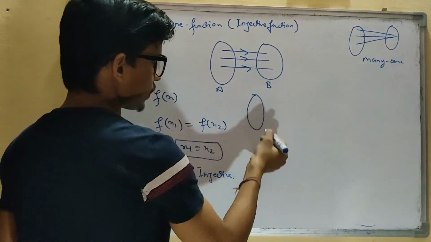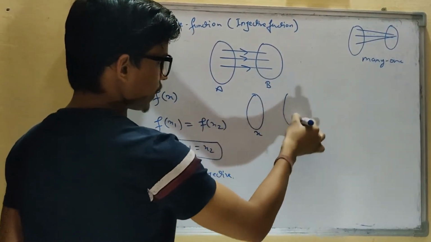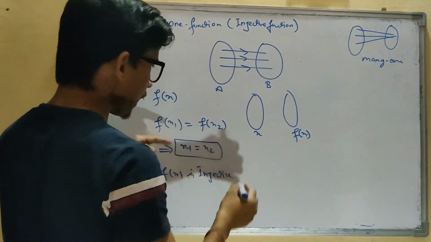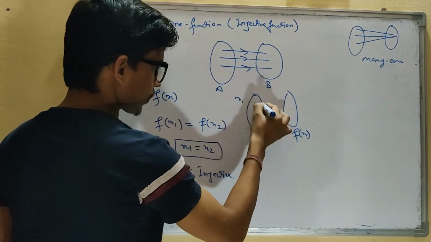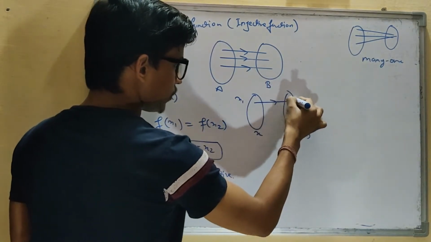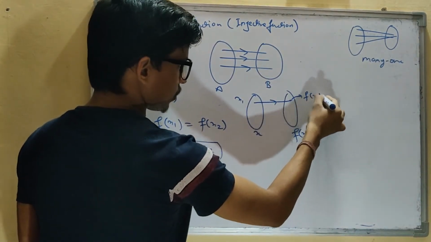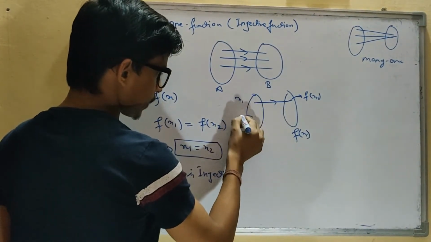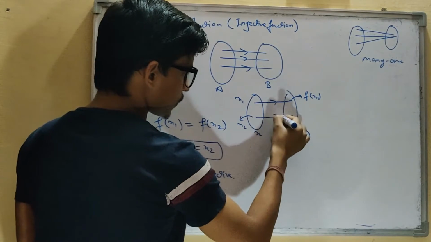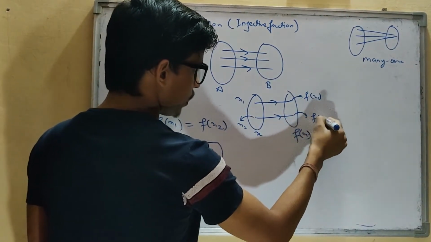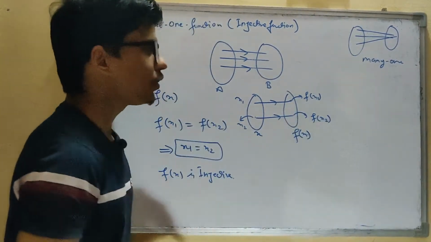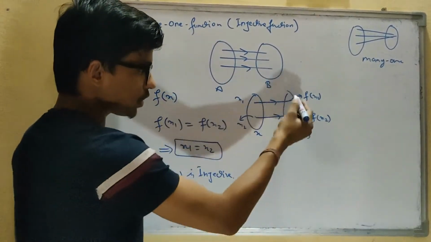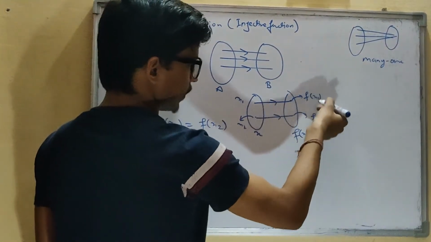Once more, it is something like this. Let's say this is x and this is f(x). At x1, this value will become f(x1). And if it is x2, then the corresponding value here will become f(x2). Now if these two are equal, they are not different, they are the same thing.